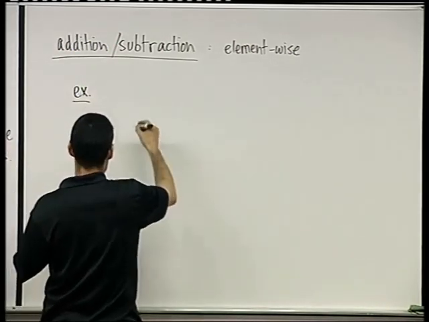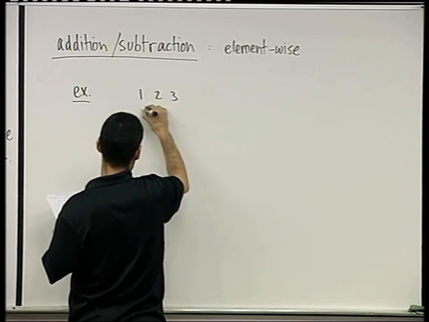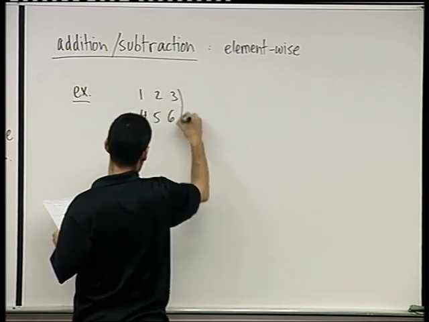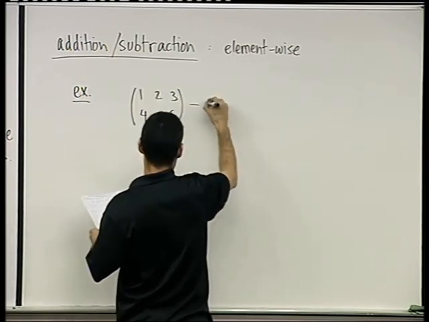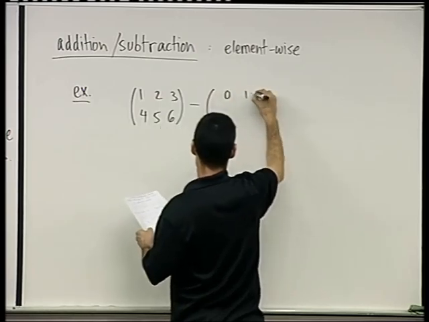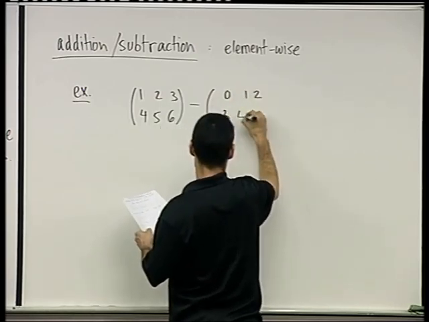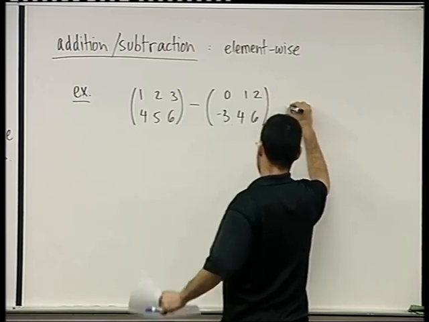Suppose we have the matrix 1, 2, 3, 4, 5, 6. And we want to subtract the matrix 0, 1, 2, 3, 4, 6.